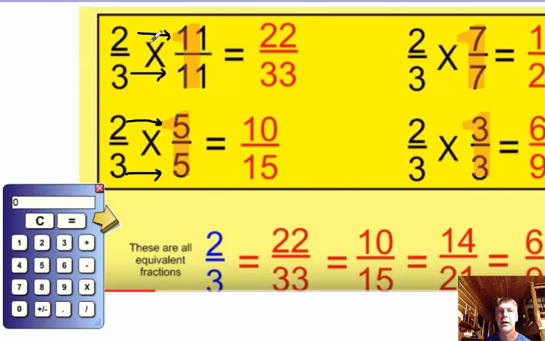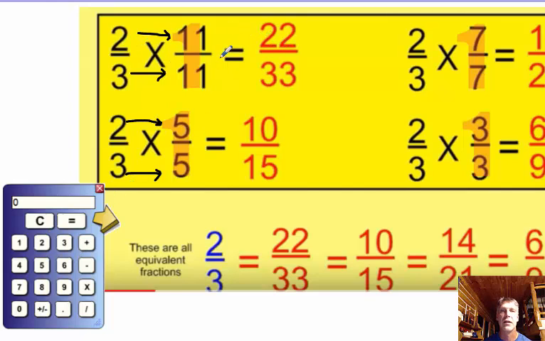So I'm going to multiply across, take 2 times 11 and 3 times 11, which will give me 22/33. And that should be equal, because any number times 1 equals the same number. Well, these are equivalent fractions. They're the same space, same amount, just different fractions.